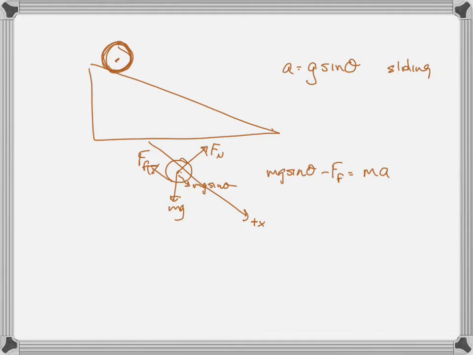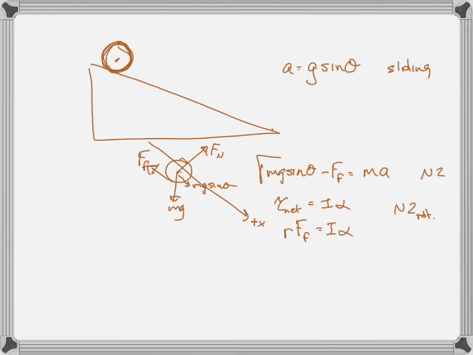But then we also have to say the net torque is equal to I alpha. So this is N2, and this is N2 rotational. Net torque equals I alpha. The net torque is R times F_f, because that's what's rotating it, equals the moment of inertia of the wheel times alpha.